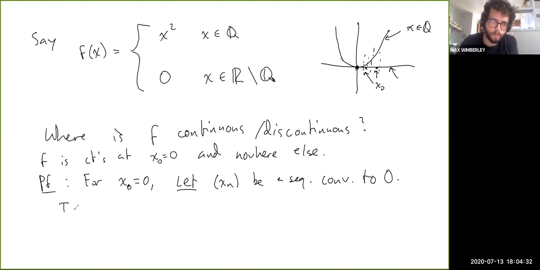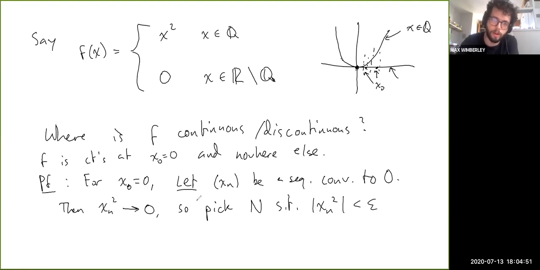So of course, xn squared converges to 0. So let epsilon be greater than 0. We can pick a capital N such that xn squared is less than epsilon, right?